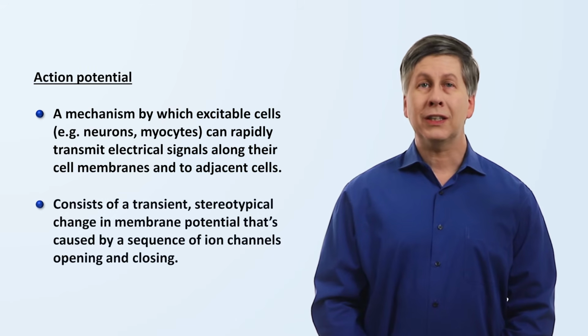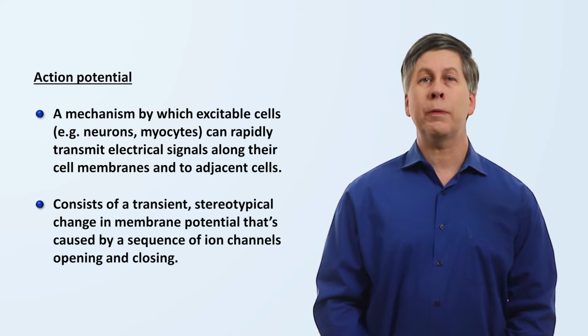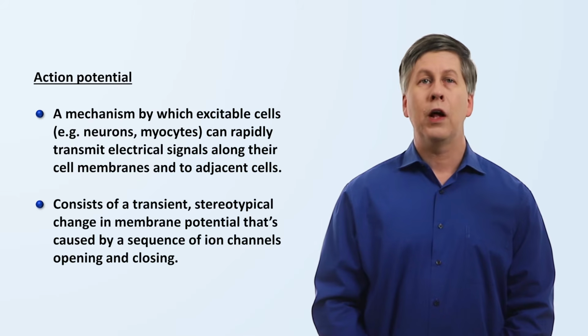The action potential consists of a transient stereotypical change in membrane potential that's caused by a sequence of ion channels opening and closing. The details of the stereotypical change in an individual cell, that is, the shape that the action potential takes, differs depending on the properties of the ion channels that are expressed within that cell.